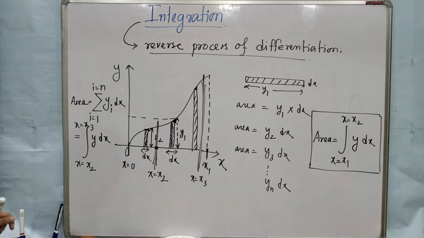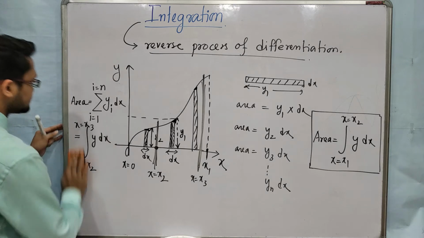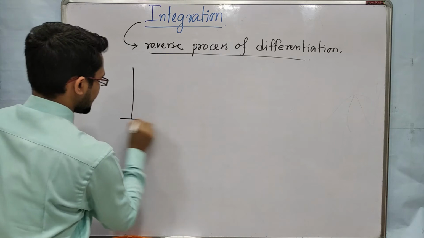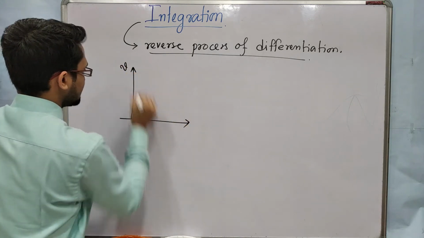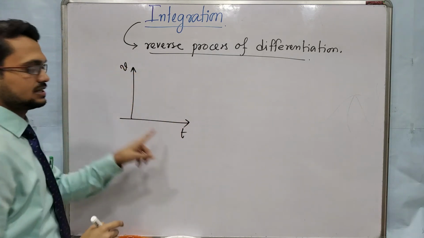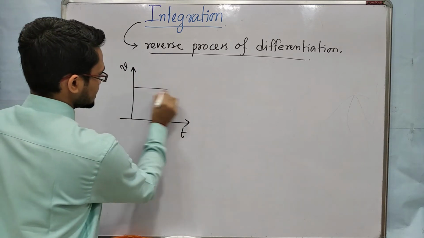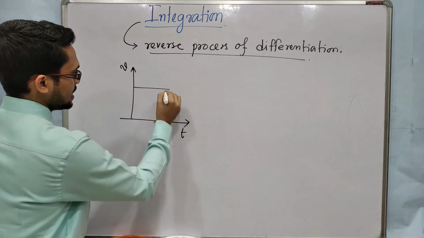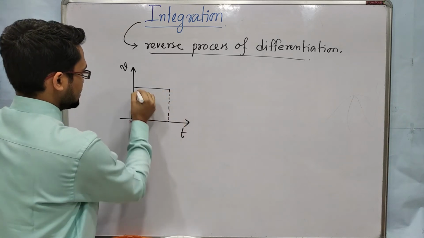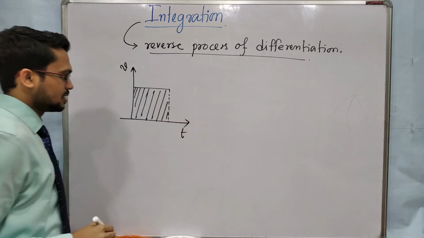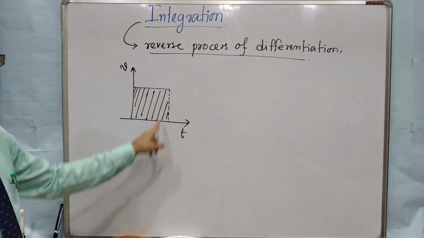So I am erasing this portion. Suppose this is a v versus t graph. V is velocity, t is time, and there is any graph. This is a simple graph I am taking, and you are asked to find the area under the graph. Now, which physical quantity will be represented by this area?